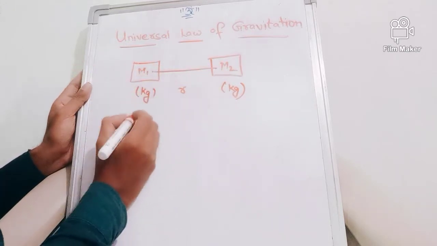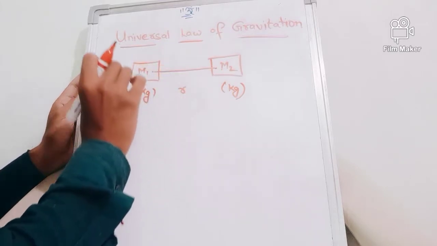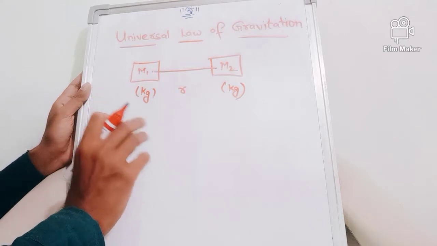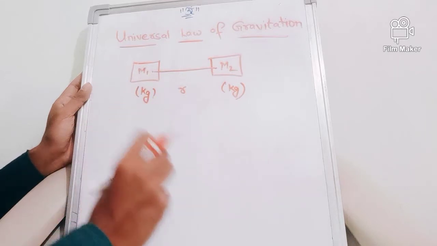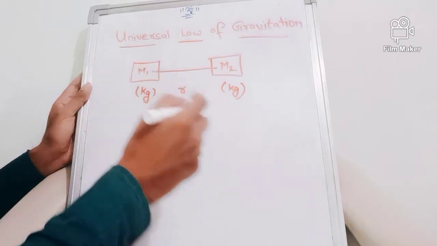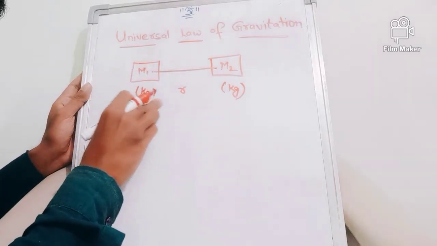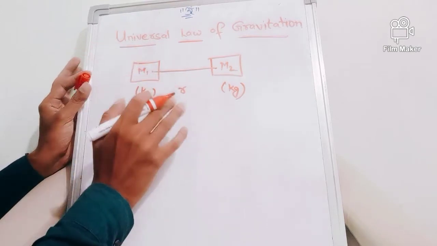According to the universal law of gravitation, every object in the universe attracts another object with some force, and that force is directly proportional to the product of their masses and inversely proportional to the square of the distance between them.